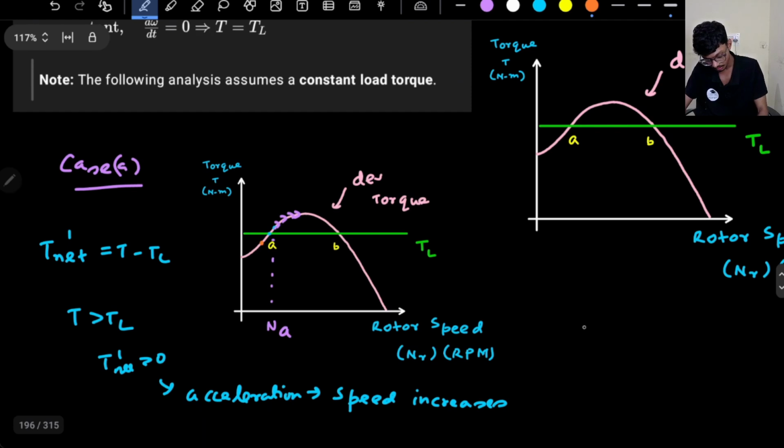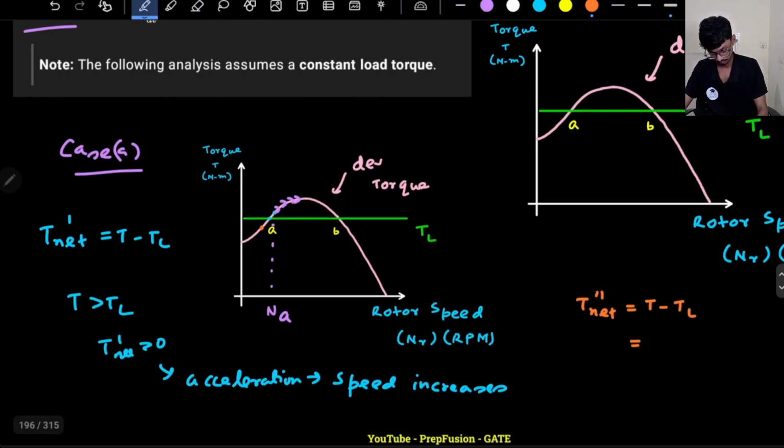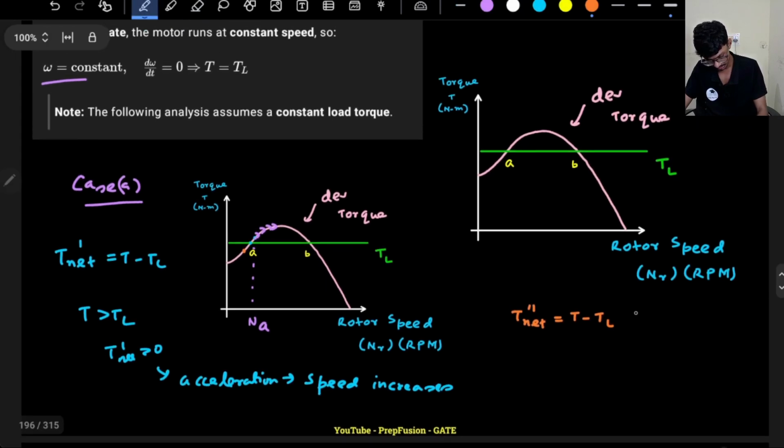Here my T net double dash is equal to T minus TL. So it is basically negative, right? T minus TL is negative because this time T is lower than the load torque. Net torque is negative, so there is deceleration.